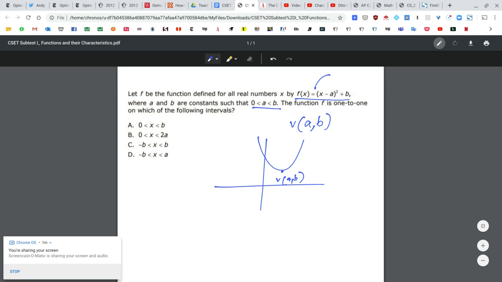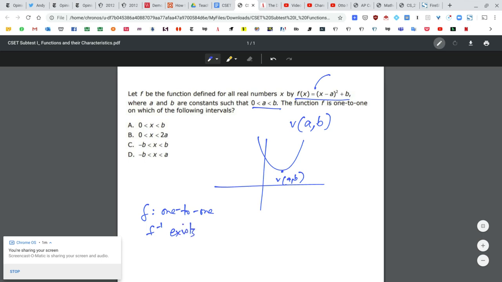Now, the definition of a 1 to 1 function is that its inverse exists. So it says f is 1 to 1. That's a terminology. It means f inverse exists.